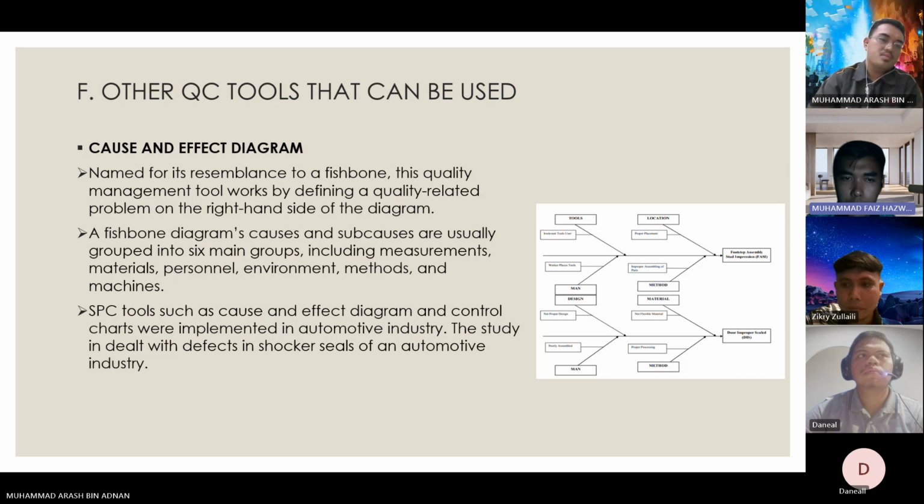A fishbone diagram's causes and sub-causes are usually grouped into 6 main groups, including measurement, materials, personnel, environment, method, and machines. SPC tools such as cause and effect diagrams and control charts were implemented in the automotive industry. The study dealt with defects in shocker seals in the automotive industry.